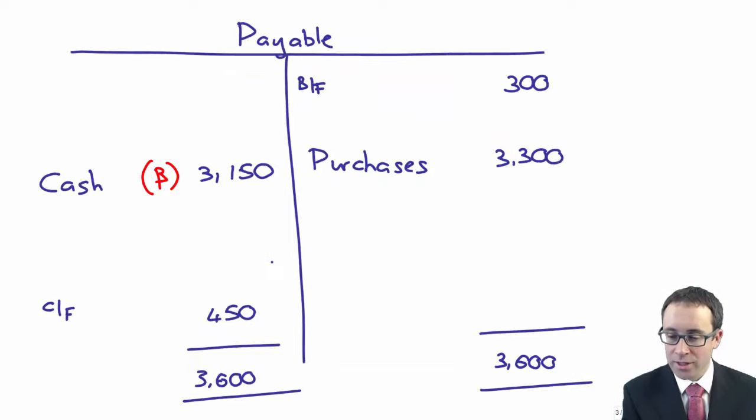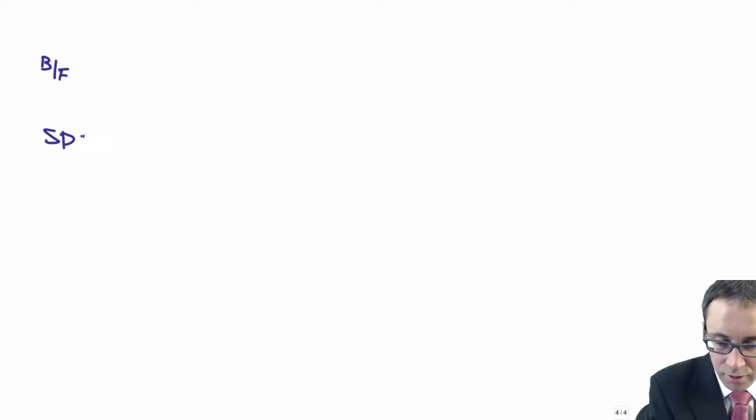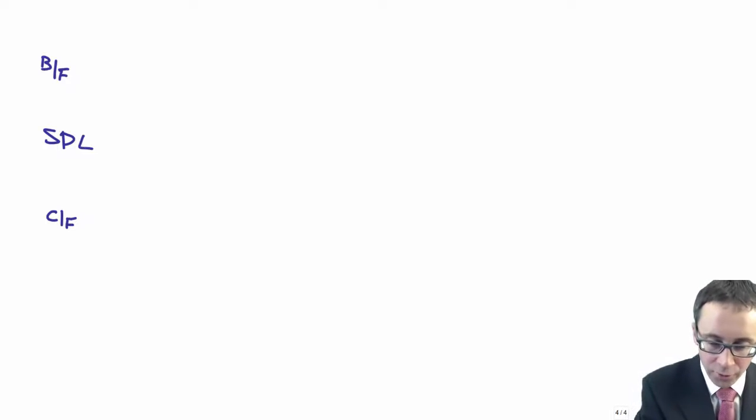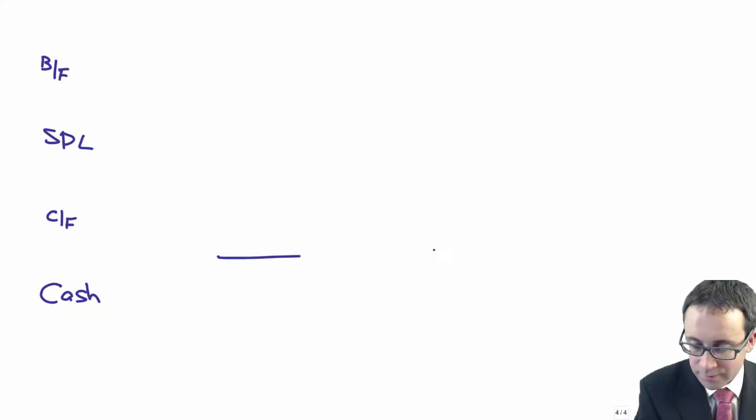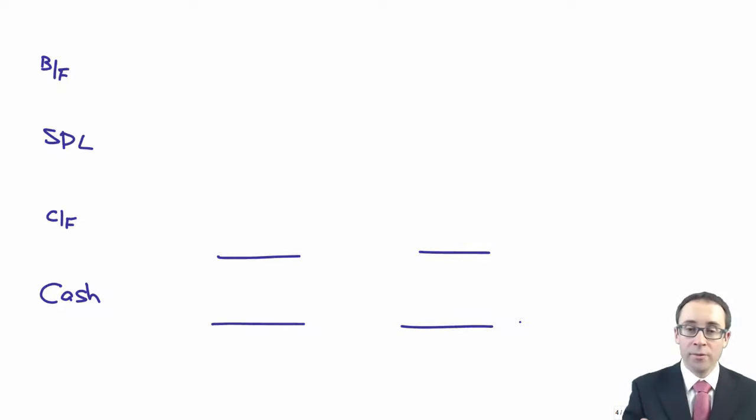If you don't like T accounts, then what you can do is just put in your brought forward, your statement of profit or loss, and then deduct your carry forward to give you your cash figure. I shouldn't tell you these things, but if it makes it easier, there we go.